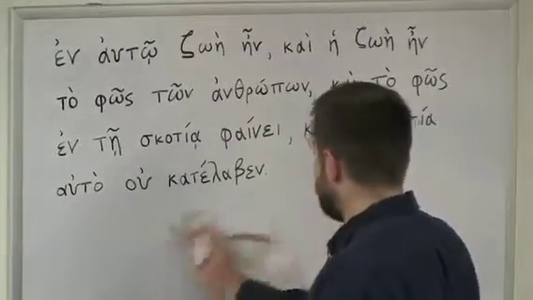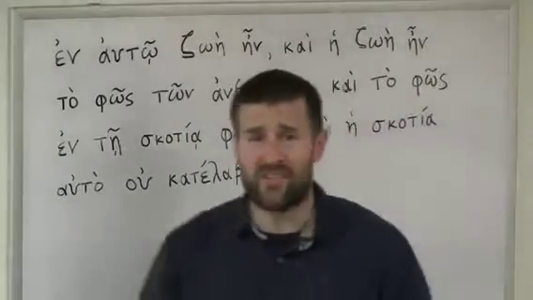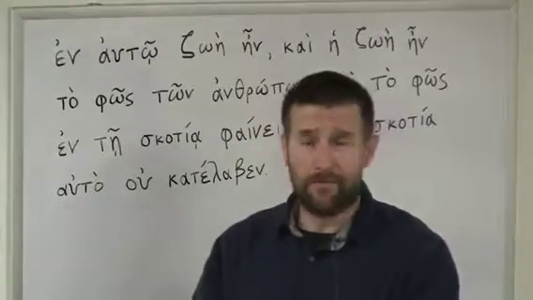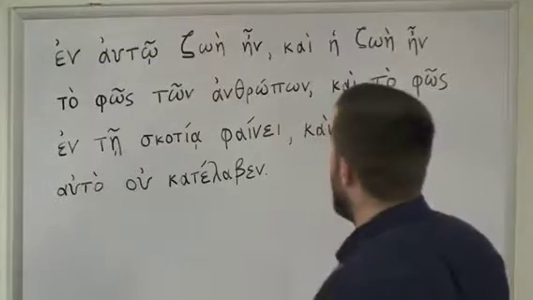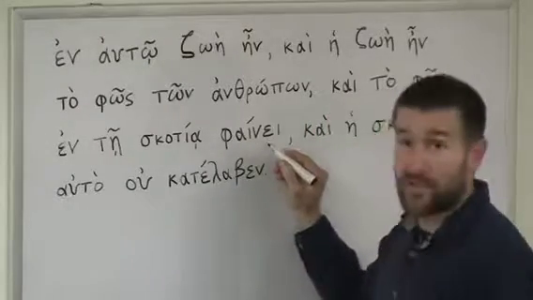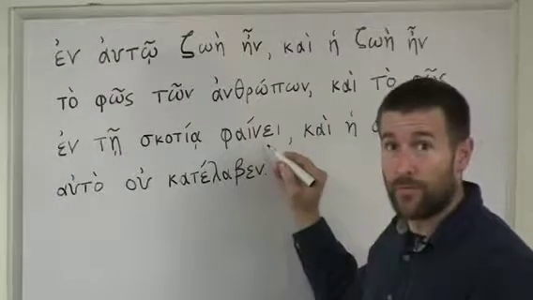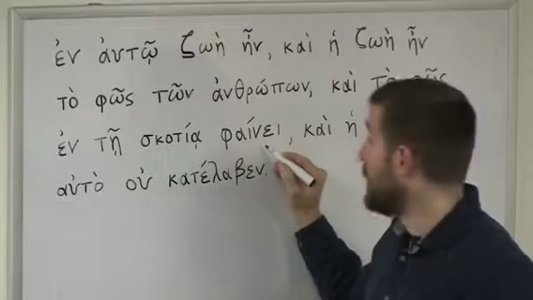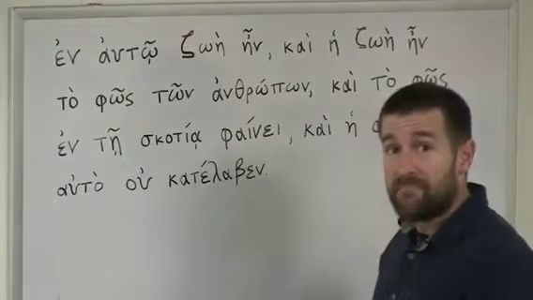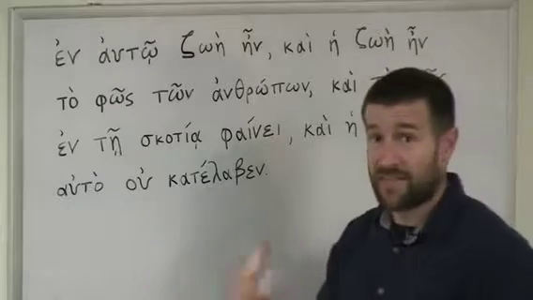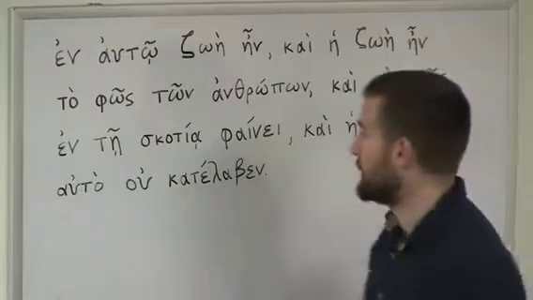I show. So the word phaino means show, appear, shine. And of course, this is the third person singular form. Phaino would be I shine. Phaini is he, she, or it shines. In this case, the light shineth in the darkness.